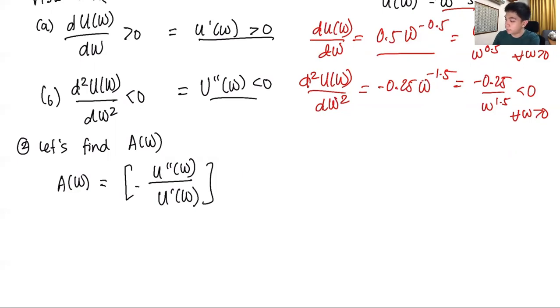So let's solve for that one. A(W) is equal to negative, I'm sorry, the second order derivative goes on top.